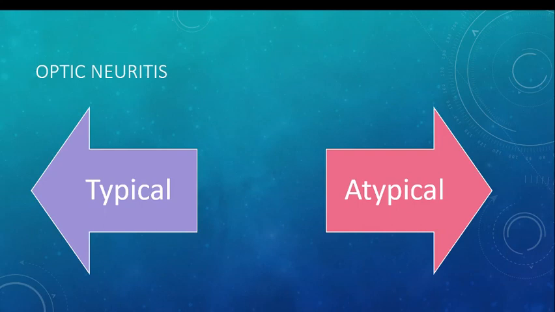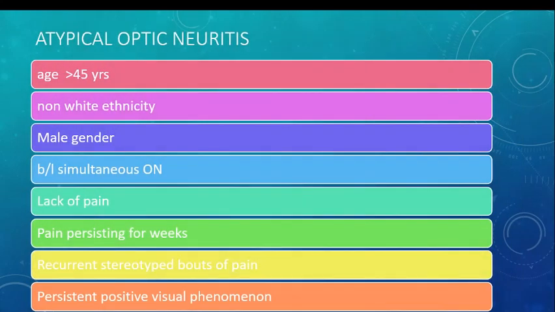Whereas, what are the signs which can help you say that this is not typical optic neuritis? These are if the patient is more than 45 years of age, non-white ethnicity, male gender, bilateral simultaneous optic neuritis which is painless, or sometimes pain is present which persists for weeks. There are recurrent stereotyped bouts of pain, persistent positive visual phenomena.